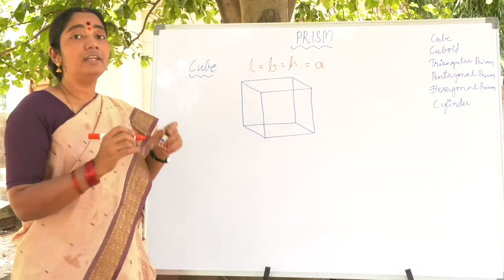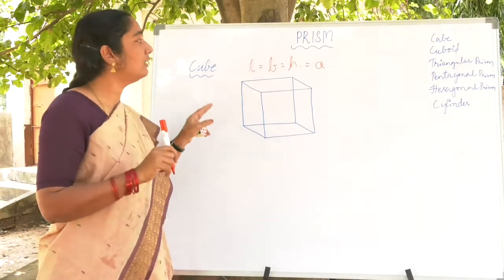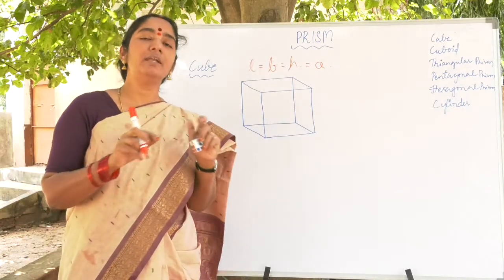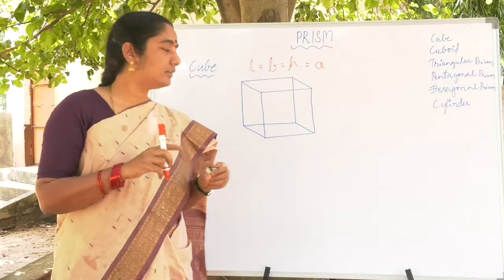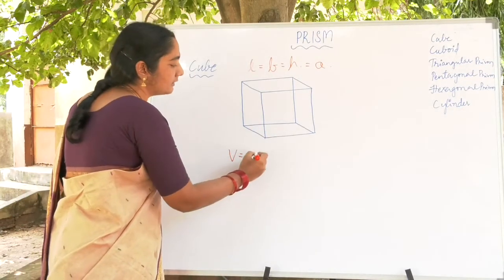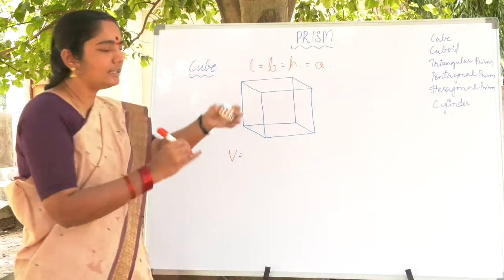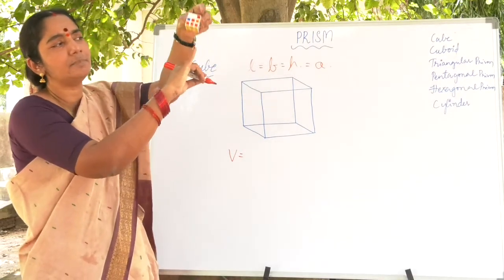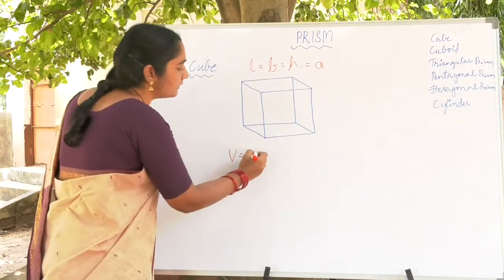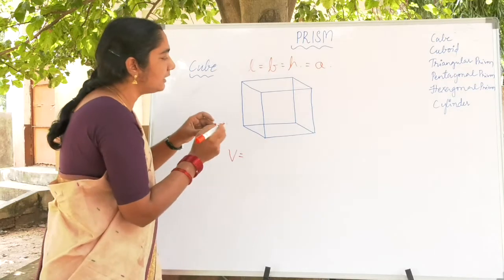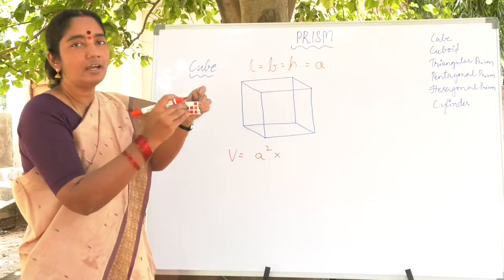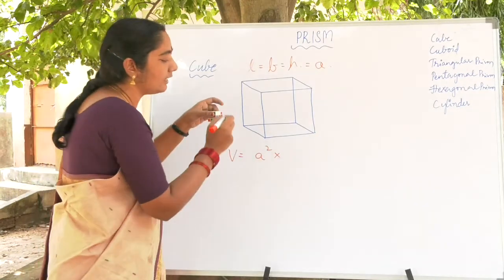Now, how to find the volume of a cube? The volume of any prism, not only a cube, is nothing but the area of the base times the height. In this case the base is a square, so the area of the base is a squared, into the height, which is again a.